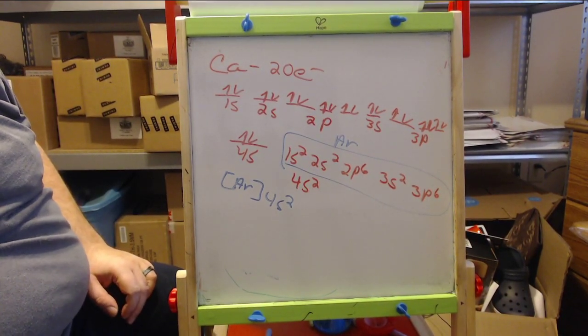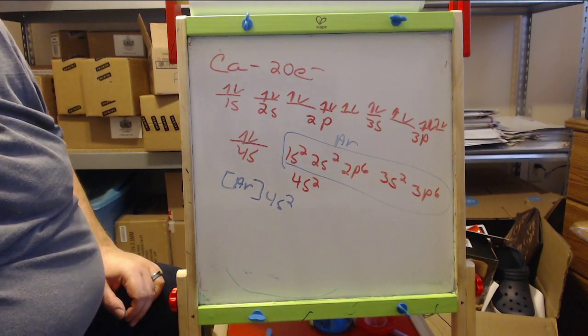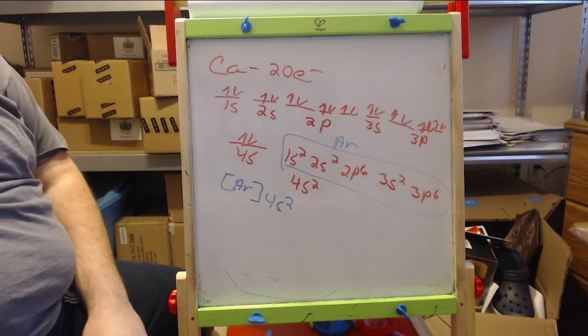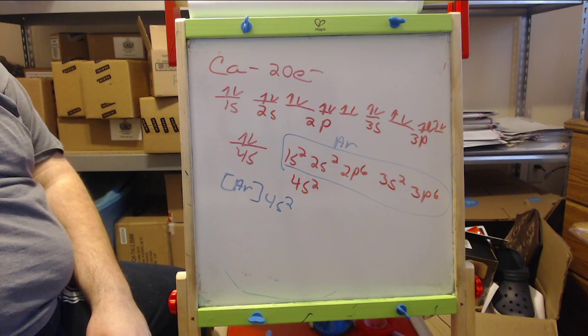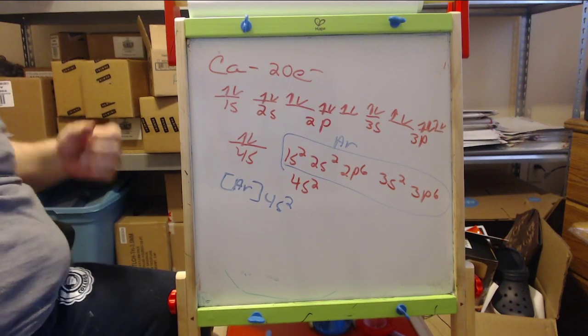Questions on this? It's pretty much straightforward. Follow the arrows, and as long as you know the number of electrons, and I'll show you how to use the periodic table. You can use that method too.